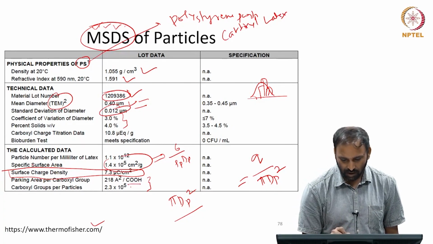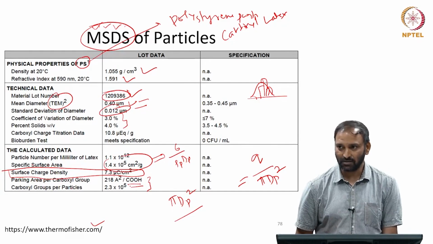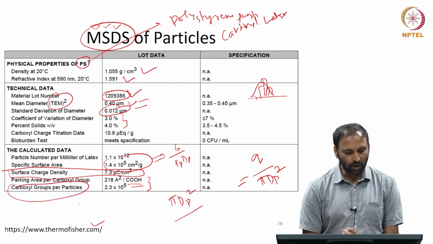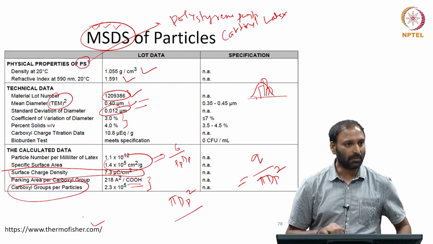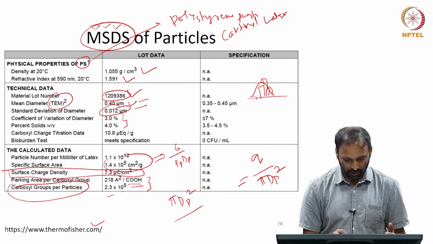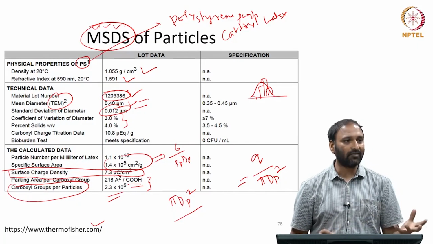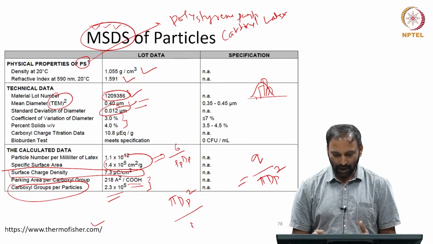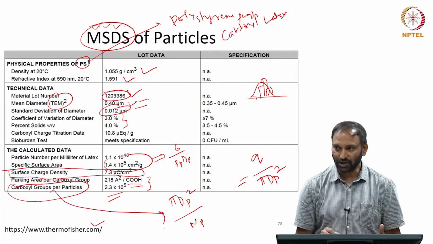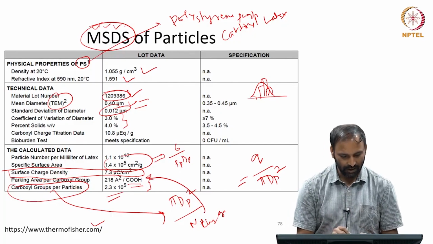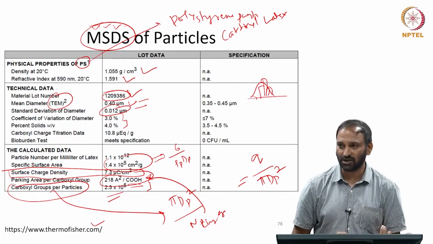That means it has carboxyl groups on the surface, and they also give you this quantity, carboxyl groups per particle. That means on the particle surface, there are 2.3 into 10 power 5 charge groups. Therefore, pi dp square divided by np, the number of charge groups, will give you this quantity, the area per carboxyl group.